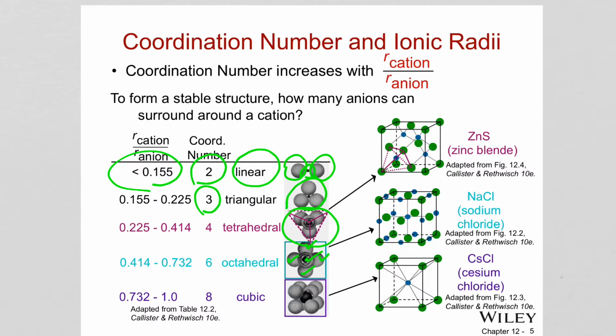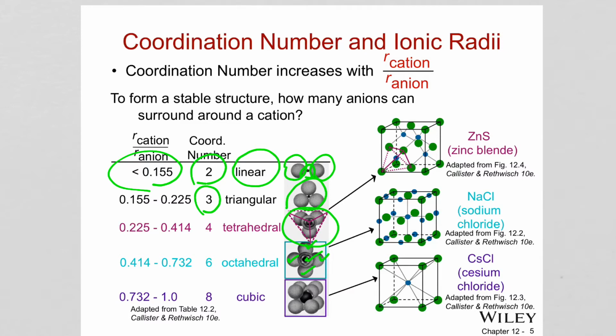Okay, so for the coordination number 8, when the atomic radii, ionic radii ratios are in between 0.732 to 1, in this one there are ions at all corners of a cube and a cation positioned at the center.